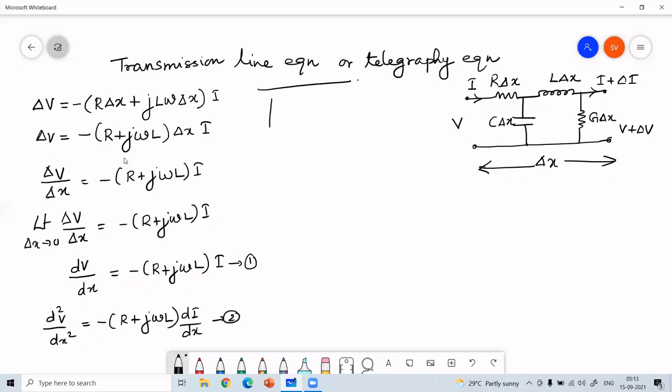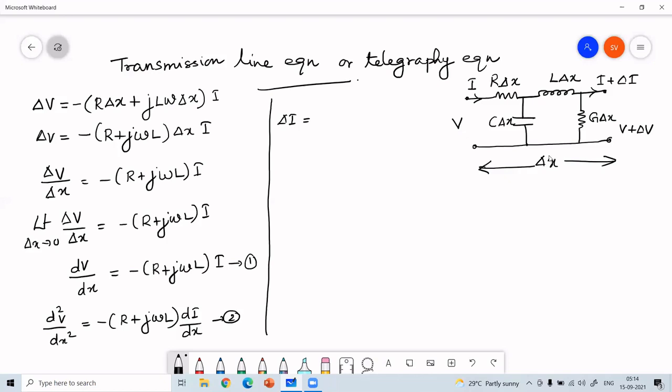In a similar fashion, we can write the expression for the difference in current delta I. The difference in current occurs due to the leakage of current in these two arms. There can be a small current flowing through this arm and also through this arm. There is an insulator in between the two conductors, but it may not be perfect, so there can be a leakage of current through these two arms.